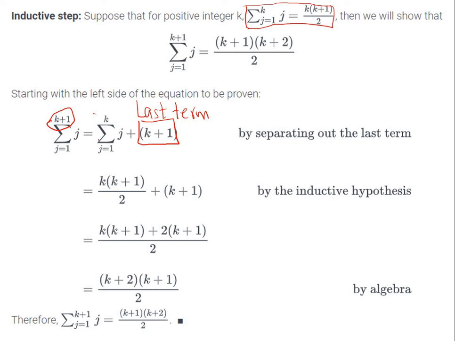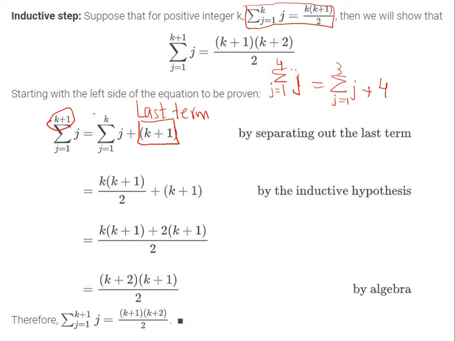This is just like adding 1 plus 2 plus 3 plus 4: you get rid of the 4 and just write the sum of the rest. So if you have a sum from j equals 1 to 4, I can also write this as the sum from j equals 1 to 3, and then plus 4.